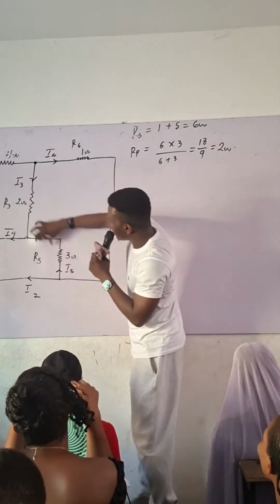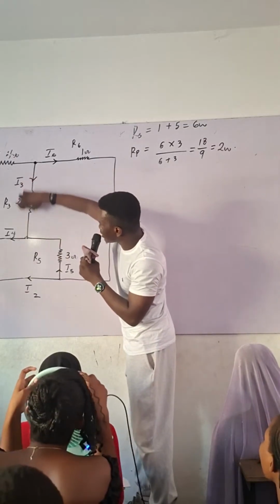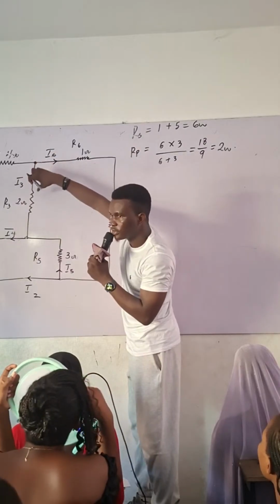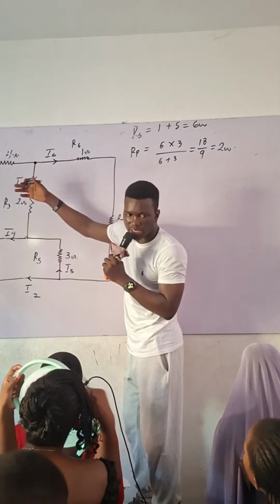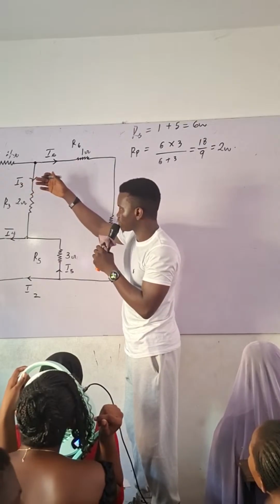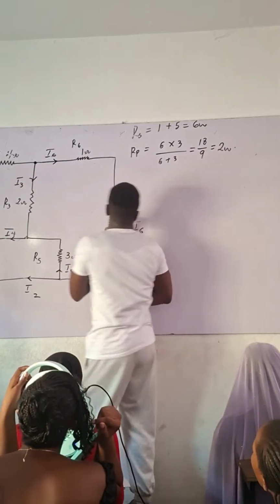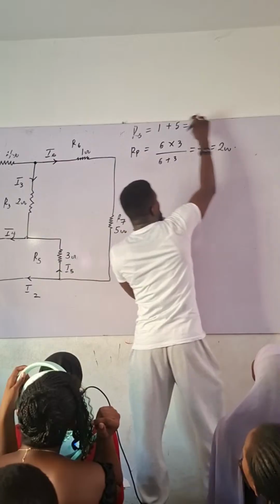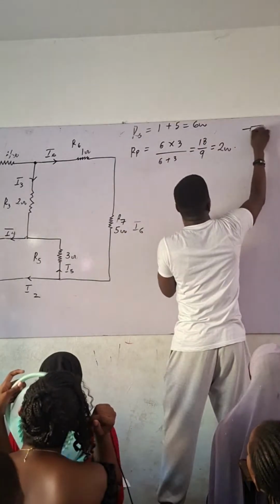Meaning that this one now and this one now in series. Do you get that? I don't want to start drawing the diagram again. So you continue. For the first one, I still have 4.